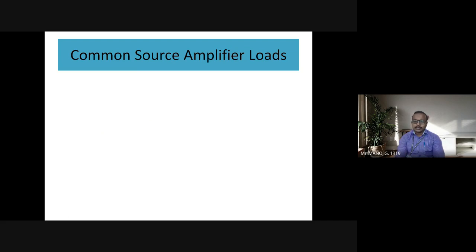Then we saw the needs of it, and what the characteristics of an amplifier are. We analyzed the ideal characteristics of an amplifier, and then the practical or real-time amplifier characteristics, which we derived using Taylor series. And then we saw the amplifier trade-off. What is the trade-off of an amplifier? And the last thing we saw was the types of amplifiers.